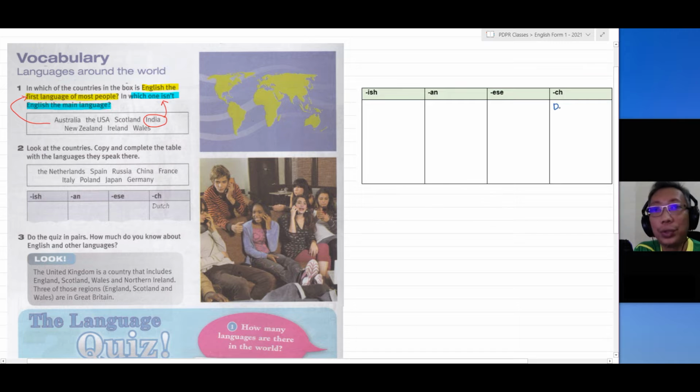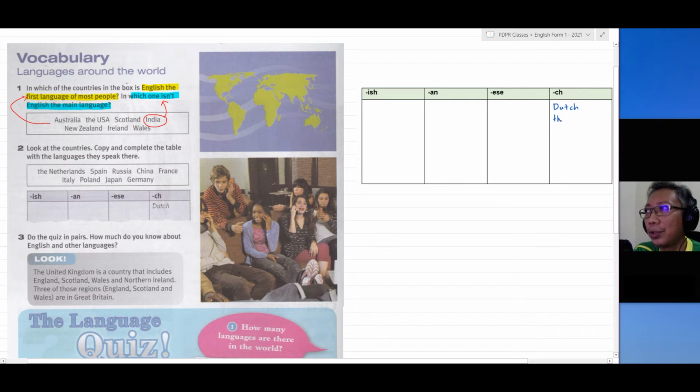So what I want you to do is, after you have done copying the table, Dutch. Dutch is spoken by people from which country? Dutch is spoken by people in the Netherlands.